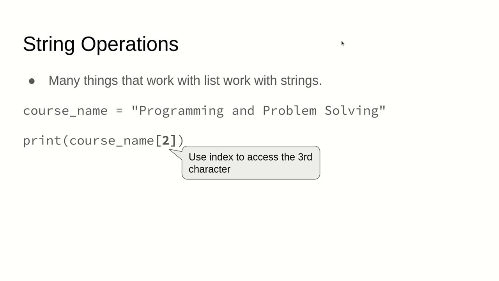So I could ask for the value at index 0, and that would give me a capital P in the course name that's shown here. I could ask for the value at index 1, and that would give me the lowercase r. What I've shown here is asking for the value at index 2, which would give me the lowercase o there.